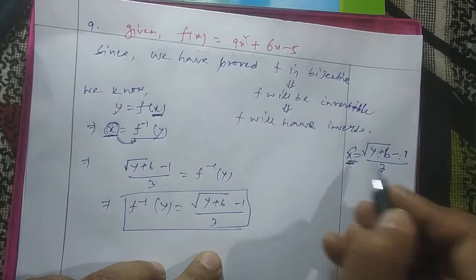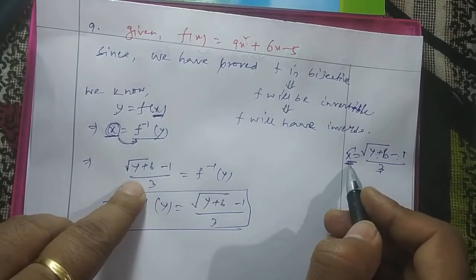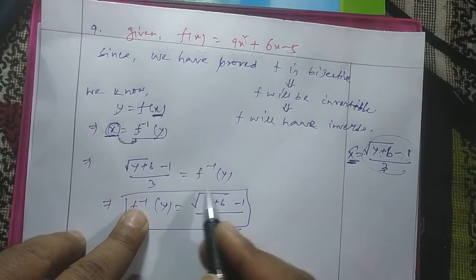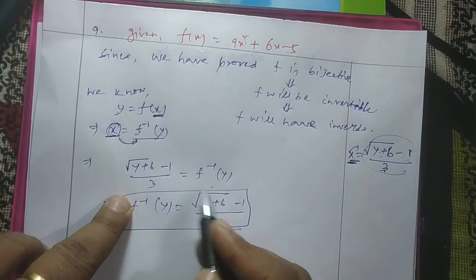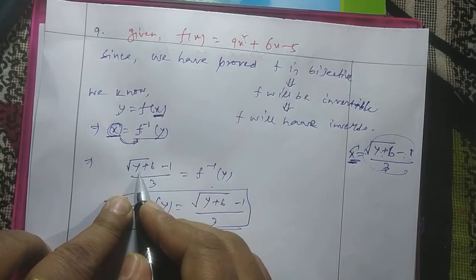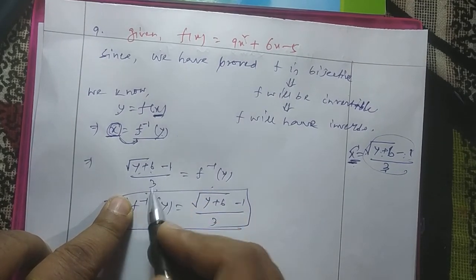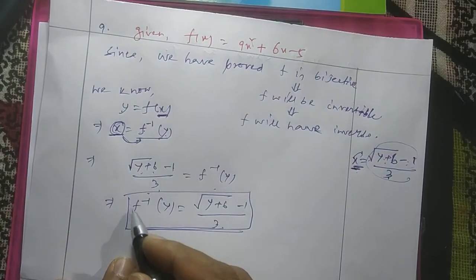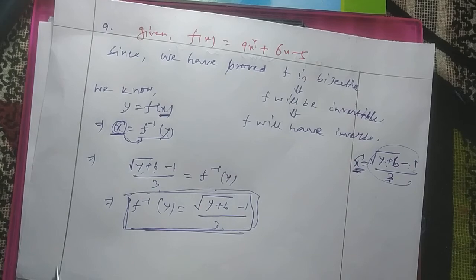Now we can say f inverse of y will be equal to this value. That's why I have written it this way. So here f inverse of y equals (root over y plus 6, minus 1) by 3. In this way we are getting the required inverse of the function.